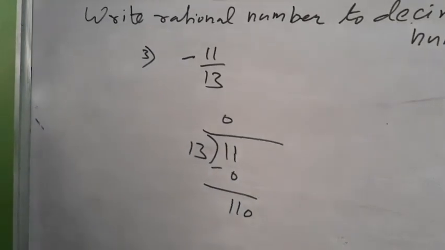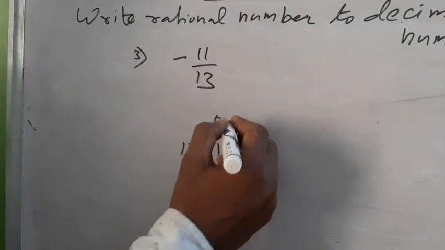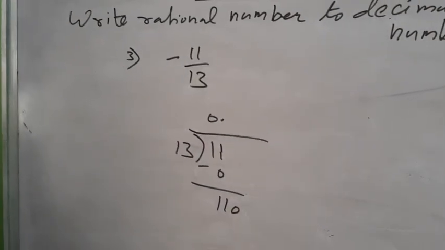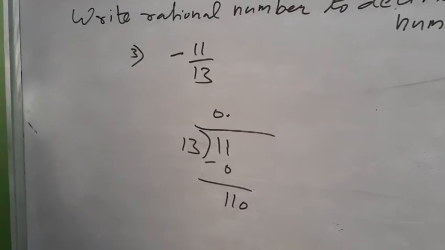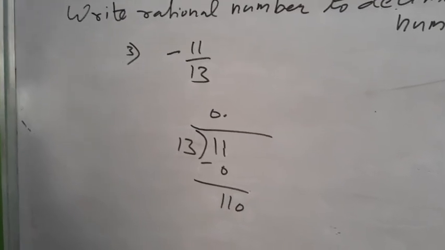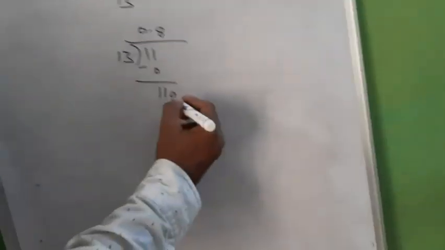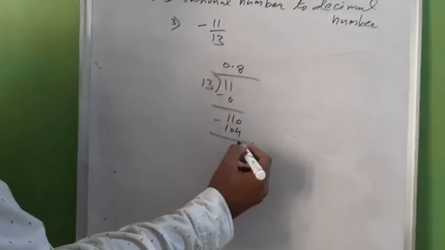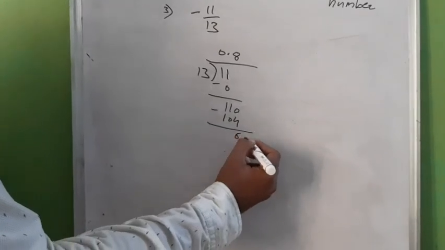Which number can you write here? 13 6s, 7s are what? 13 5s are 65. 13 6s are 78. Then 91. 8s are 104. Your answer 6 here.